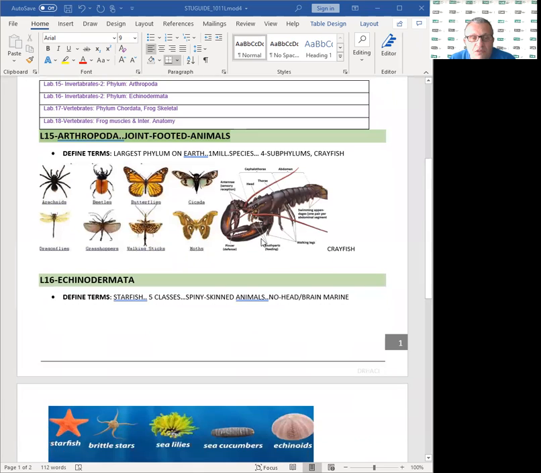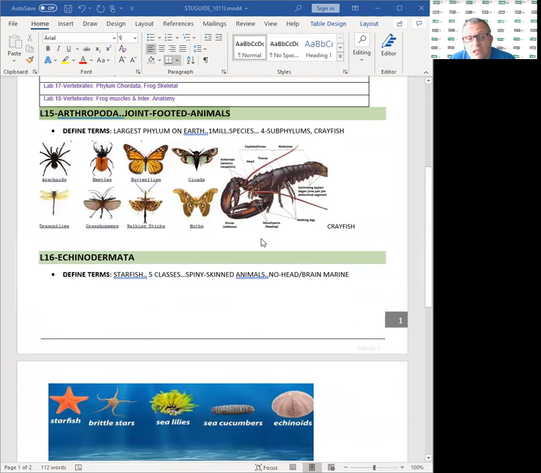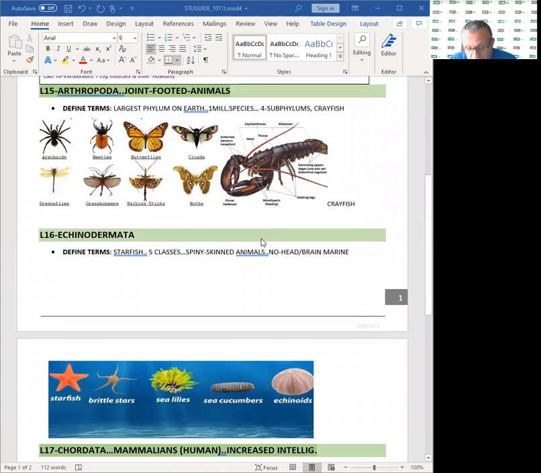Lab 16 is Echinodermata. The model animal here is the starfish. These are spiny skinned animals. There are 7,000 species or so, all marine animals, very unique animals.